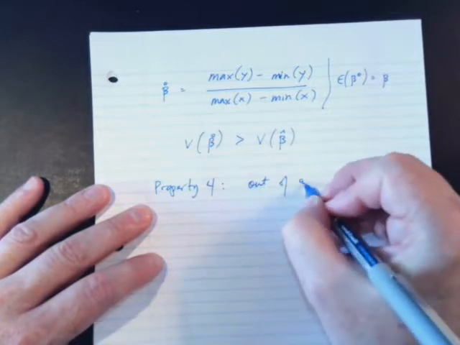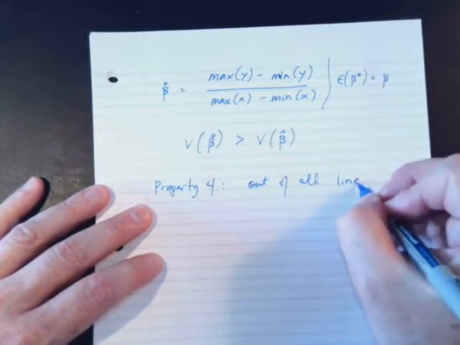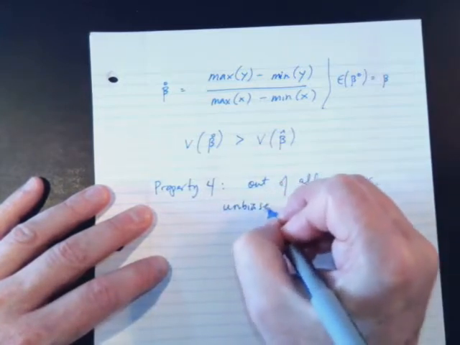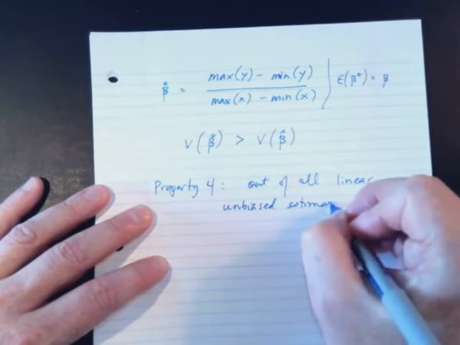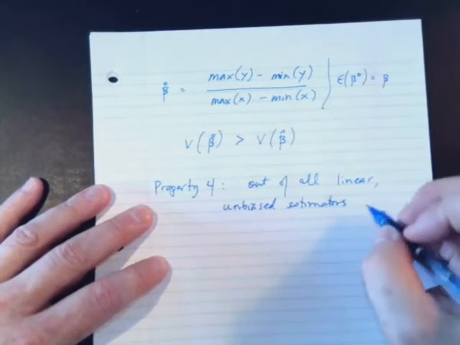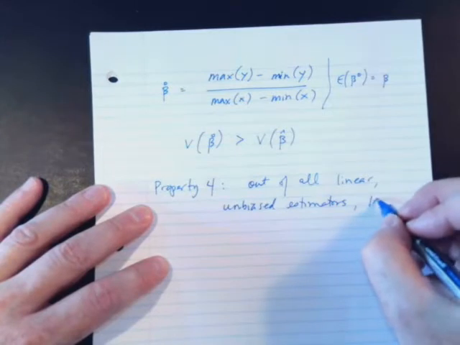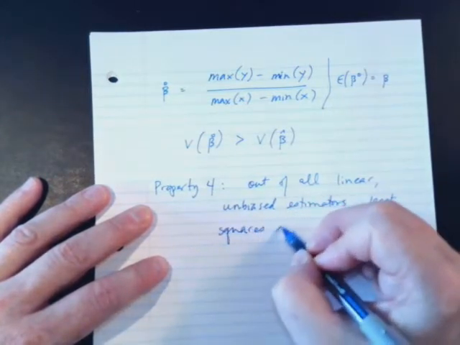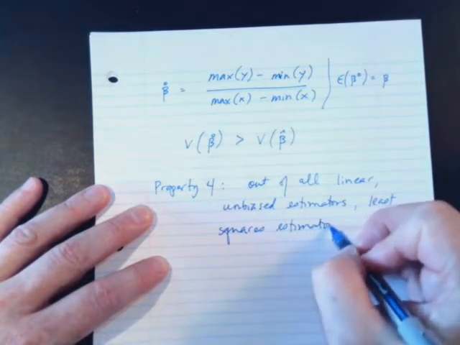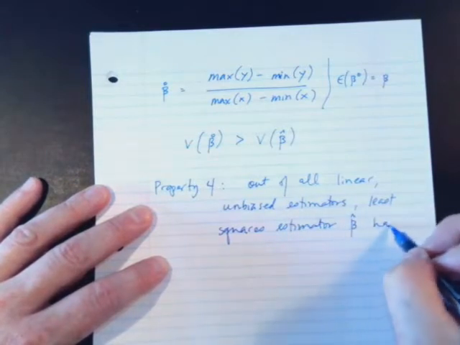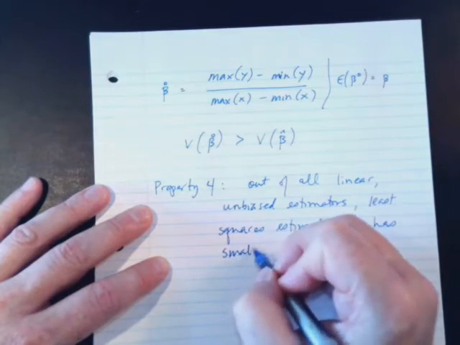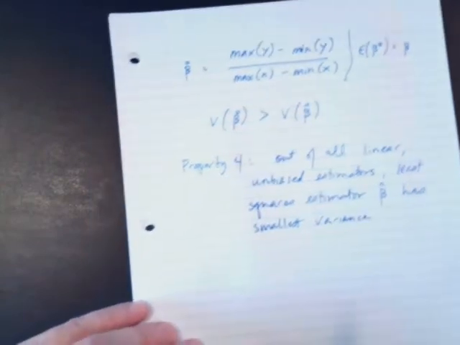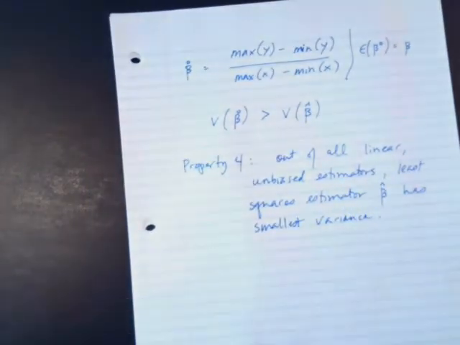Out of all the linear unbiased estimators, the least squares estimator has the smallest variance. Okay, that's a very important result.